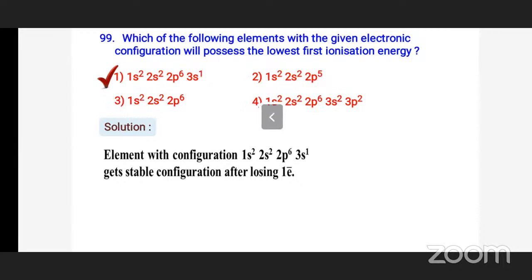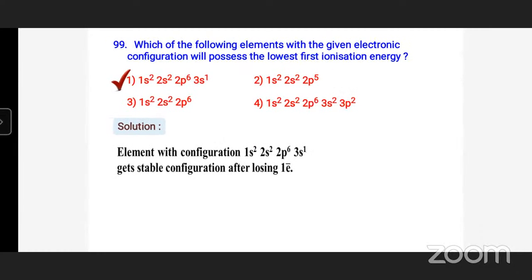Fourth, 1s2, 2s2, 2p6, 3s2, 3p2. Ionization energy means removing one electron.